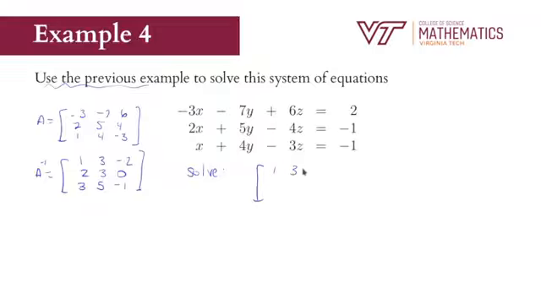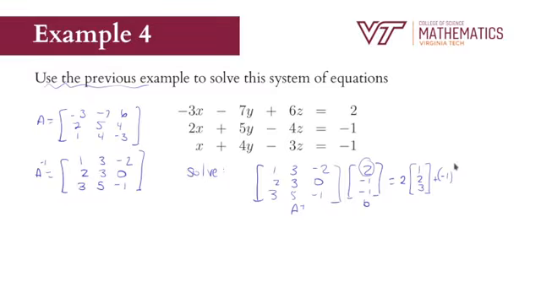So we get 1, 3, -2, 2, 3, 0, 3, 5, -1. This is A inverse. Combine this with 2, -1, -1. This is our B. 2 goes with the first column, so this is going to be 2 times 1, 2, 3, plus -1 times 3, 3, 5, plus -1 times -2, 0, and -1.